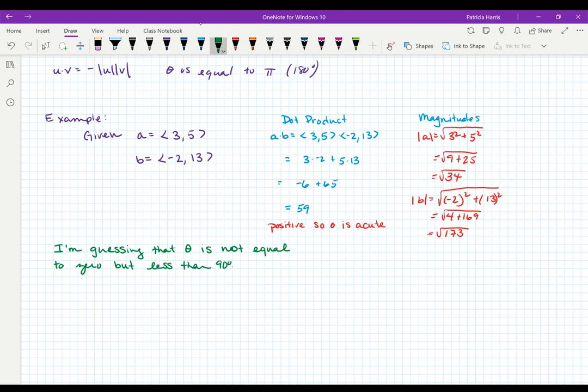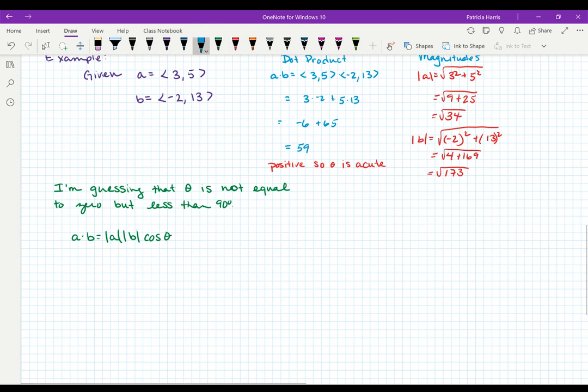Okay, so let's see. Here's my formula. So I have all my values that I need. So 59 equals the square root of 34 times the square root of 173 times cosine theta. Now you can go ahead and multiply 34 by 173 inside the radicals. That's fine. If I do that, I get a really kind of large number.